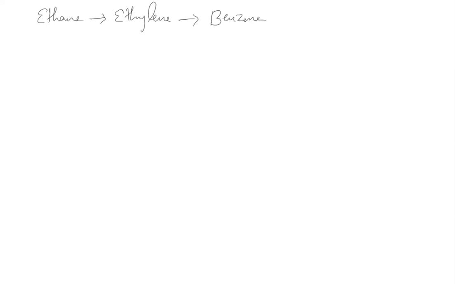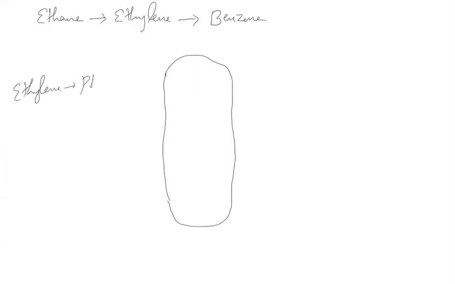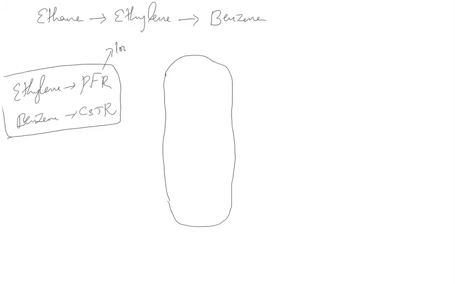As I told you, the reactor that you are going to use should be operated such that for ethylene it behaves like a PFR, and for benzene it behaves like a CSTR. Clear?